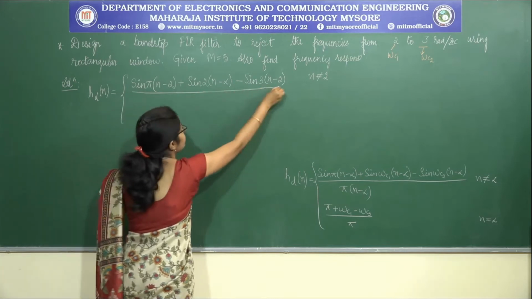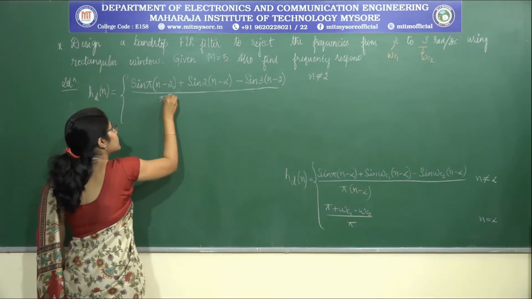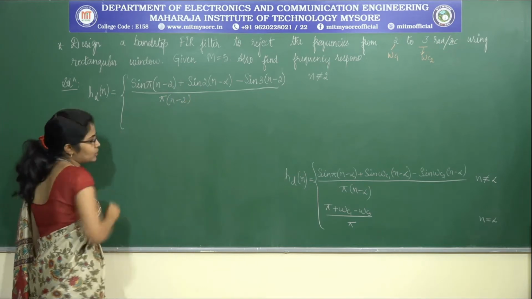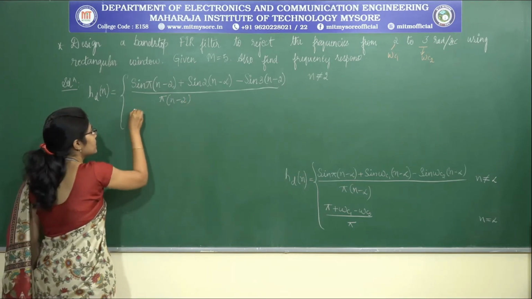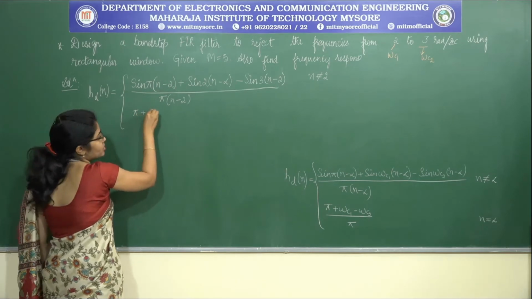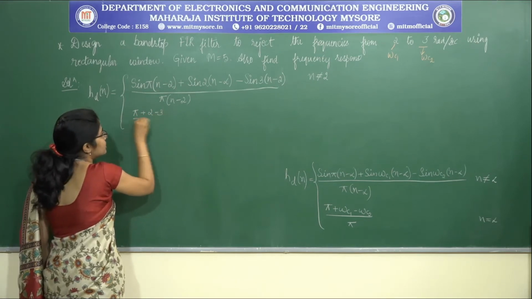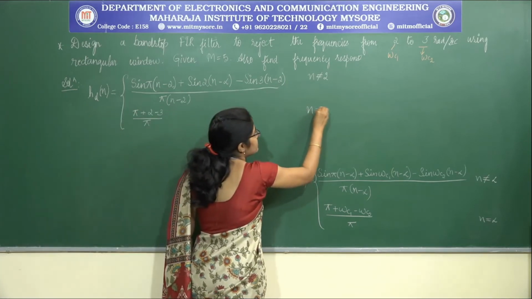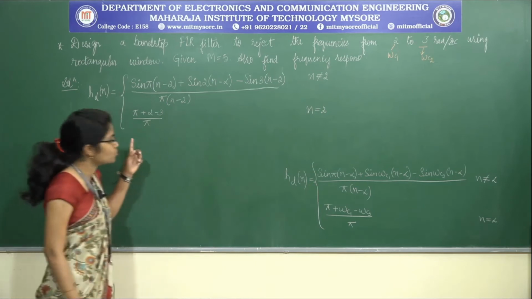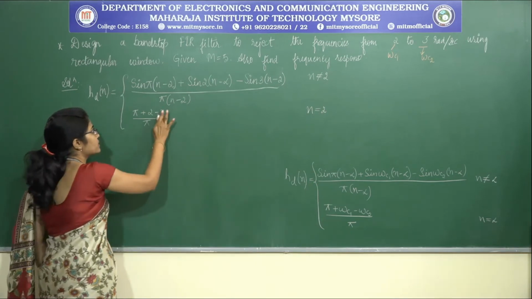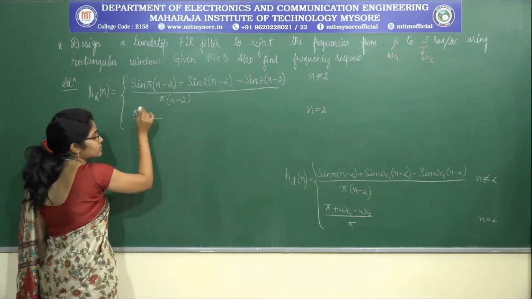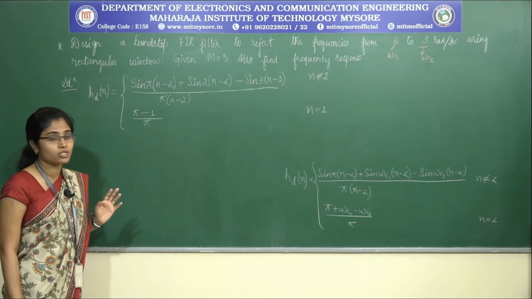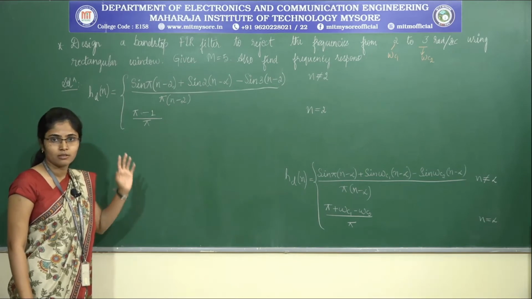This is entirely divided by pi into n minus 2. Similarly, when n is equal to 2, the value will be pi plus 2 minus 3 divided by pi. So plus 2 minus 3 gives us minus 1, so I will directly write it as minus 1. So this is the equation for HD of n for the given filter.